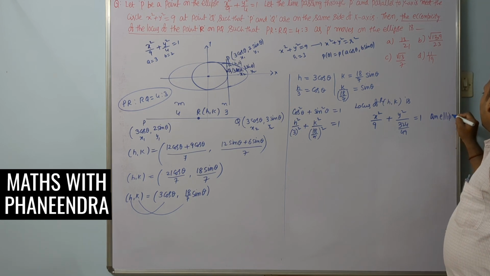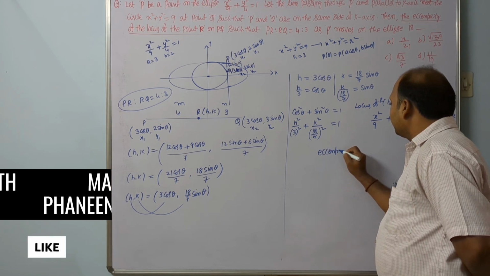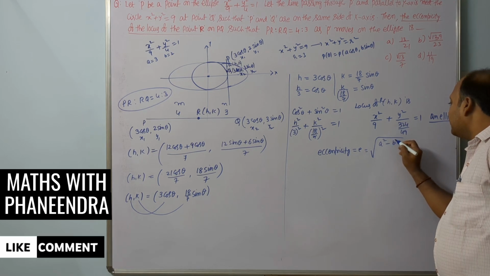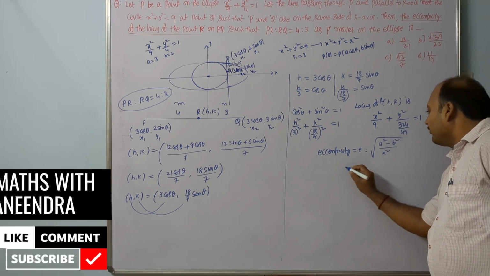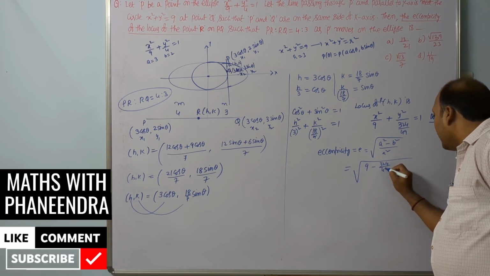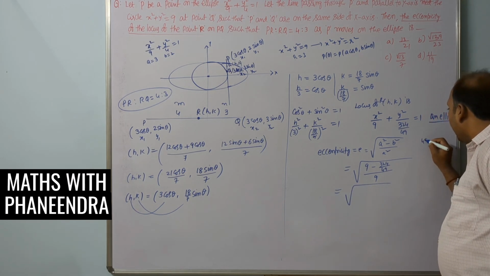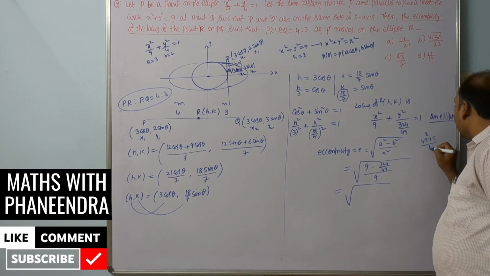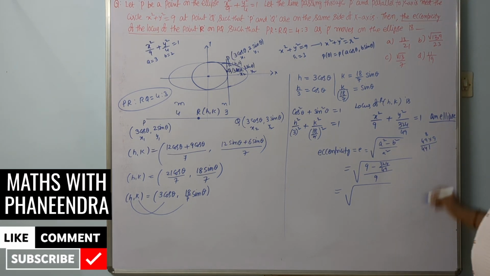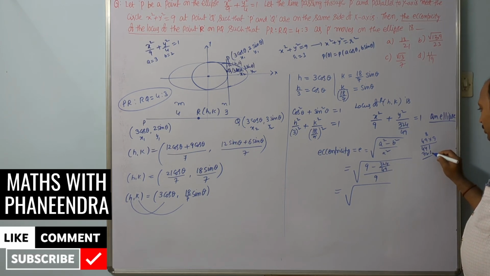What is the eccentricity of the ellipse? Eccentricity is the root of (a square minus b square) by a square. So which is equal to a square, that means 9, minus 324 by 49, divided by 9. So which is equal to the square root of 49 into 9, 36 plus 8, 44, so 324.